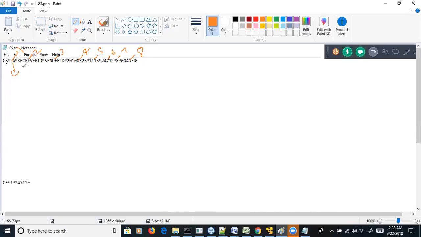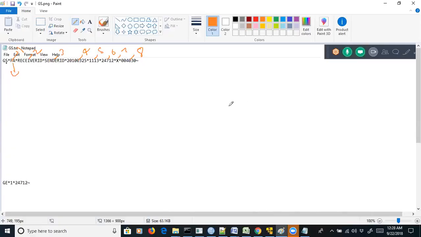In EDI, in the X12, every file type is identified in 2 ways.